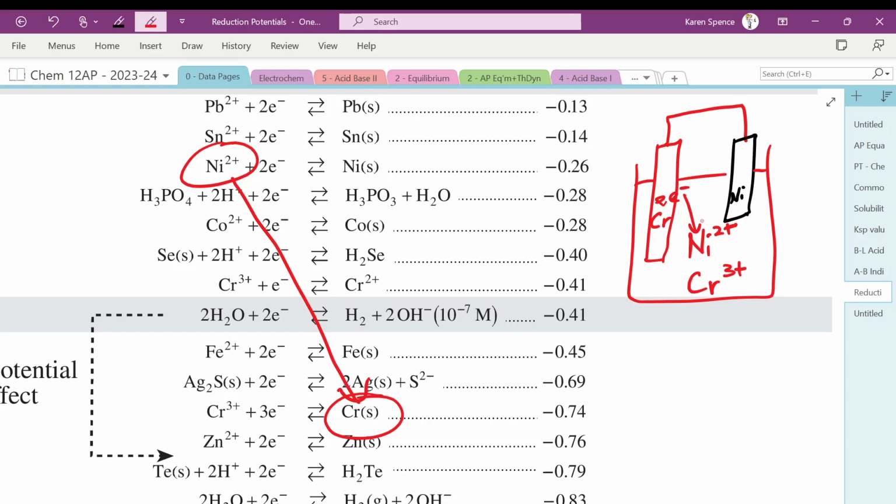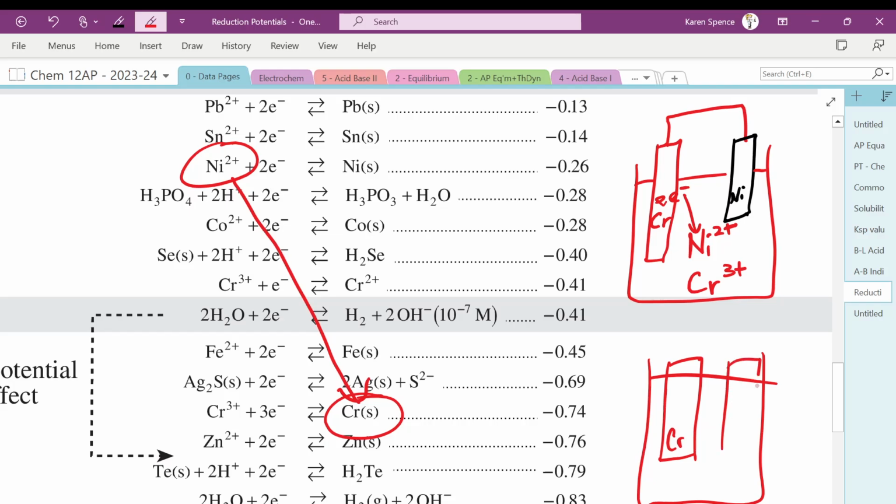So in an electrolytic cell, we might have in our beaker the chromium and the nickel, but we would put in here only Cr3+.